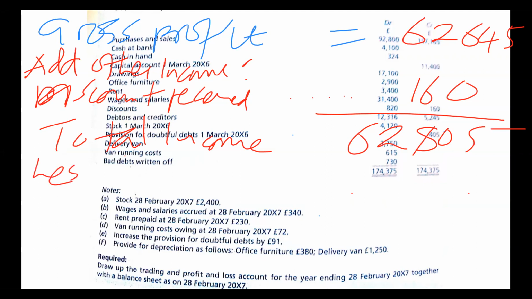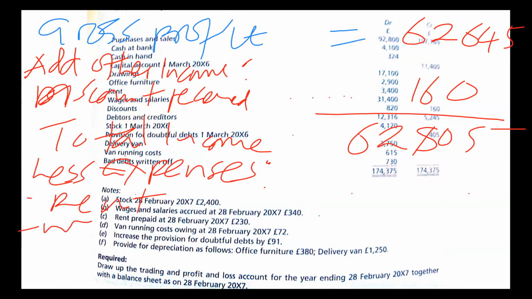You less expenses, okay? So you less all the expenses that we talked about, such as rent, you less wages and salaries. Now for rent, we said that there is a prepayment of rent.